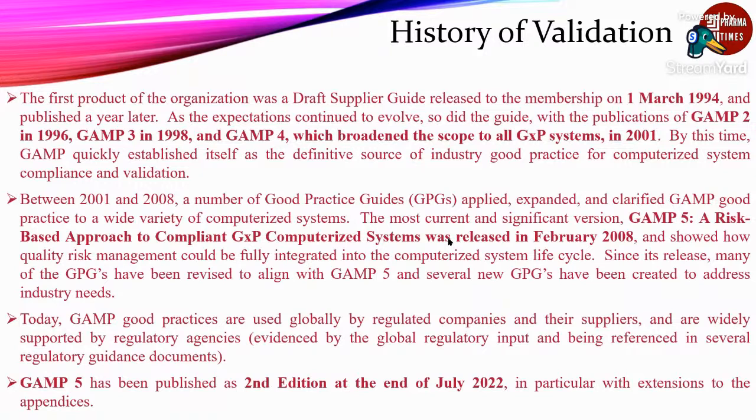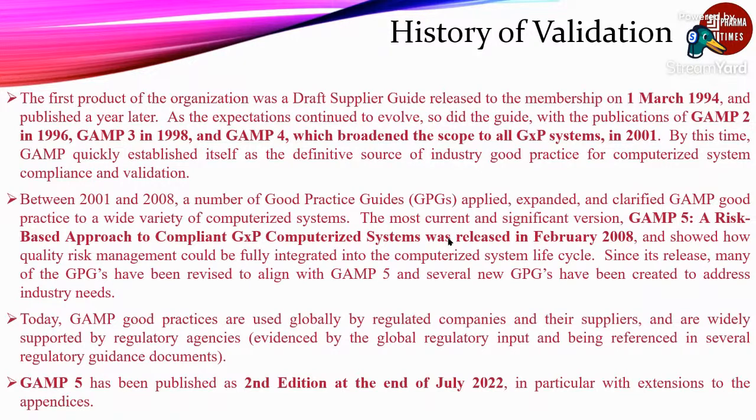Then the final GAMP 1 was published on 1st March 1994, and afterwards it gained acceptance and continued to involve the pharmaceutical industry and many experts. One by one, GAMP 2 was published in 1996, GAMP 3 in 1998, and GAMP 4, which broadened the scope to all GxP systems, in 2001.